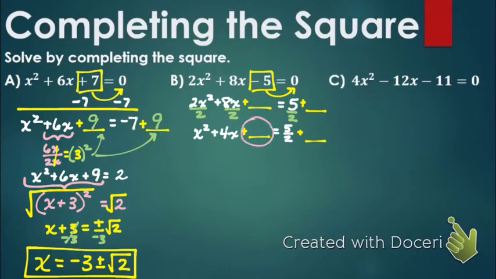What should go right here? 4. I'm going to take 4x, I'm going to divide it by 2x, so my x's cancel. That gives me 2, and then we need to take the 2 and square it. So absolutely, we have 4 that's going to go on both of these lines.